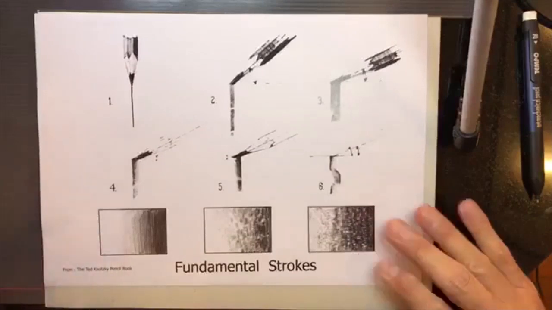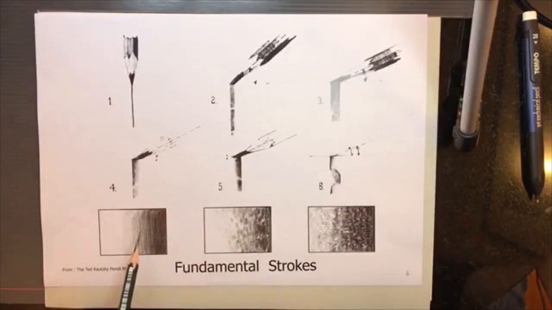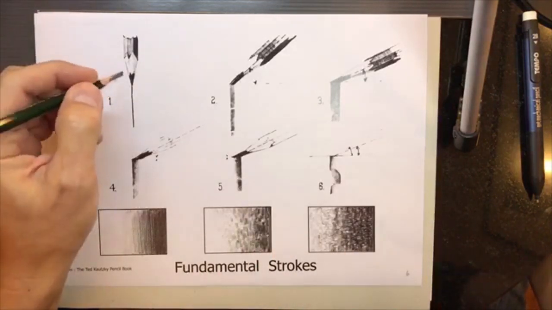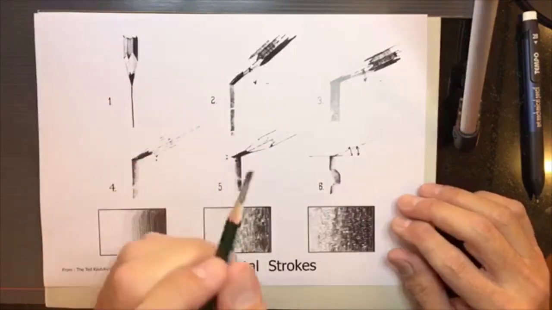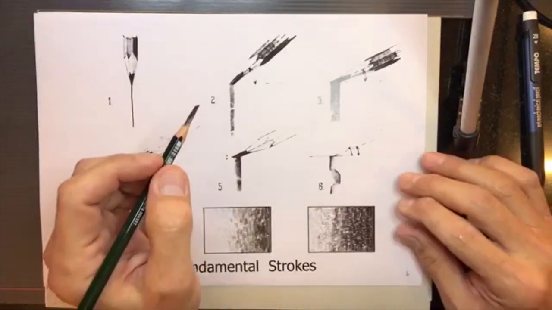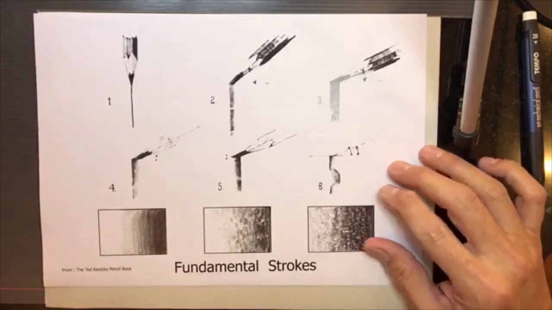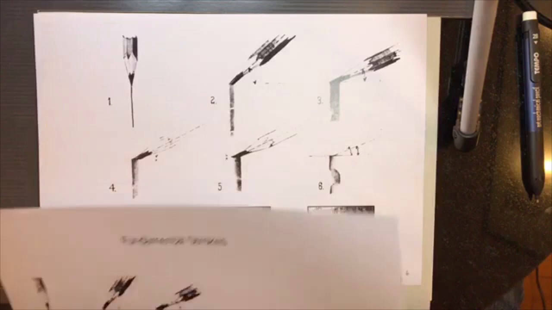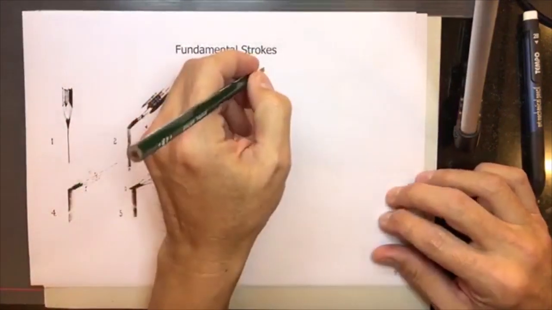Next, we can draw the line that can make many textures, something like this. If we hold the pencil like this, I sketch it with my left hand side. First one is the direction, something like this.